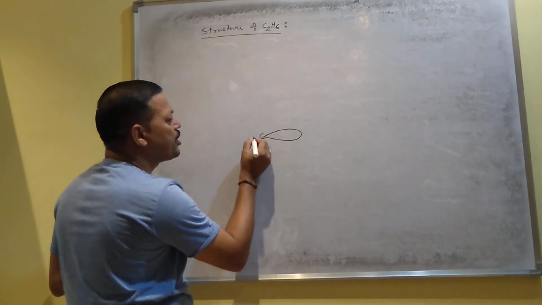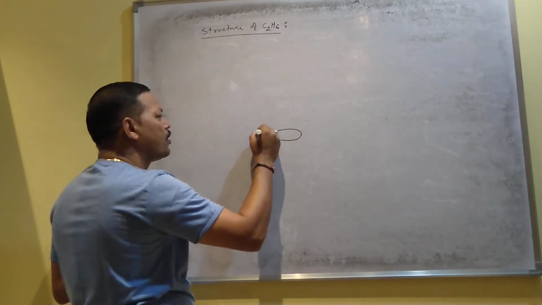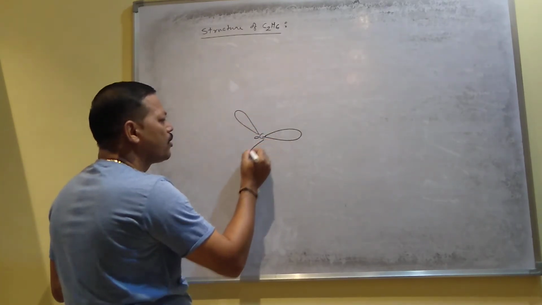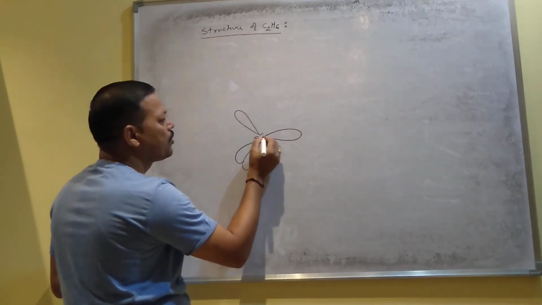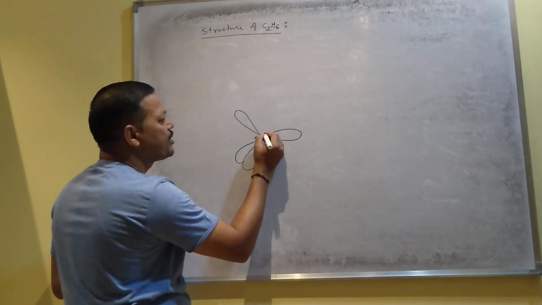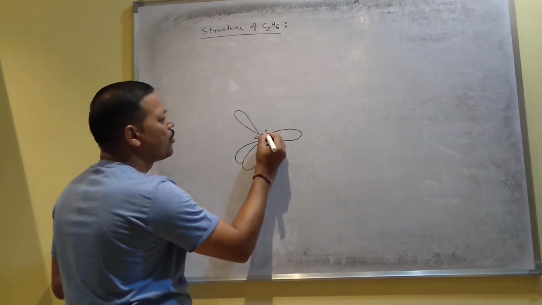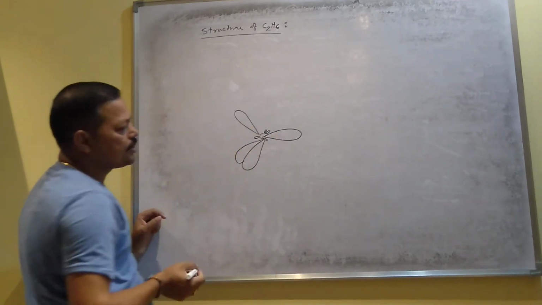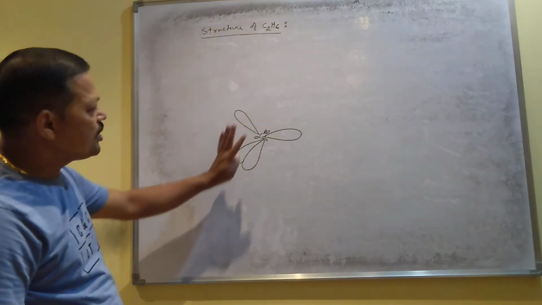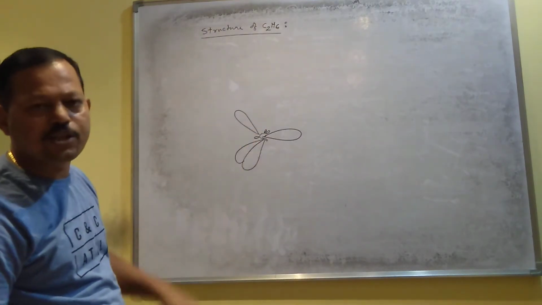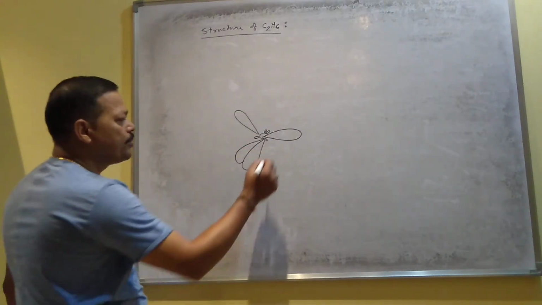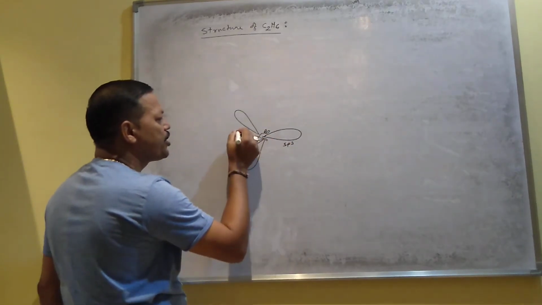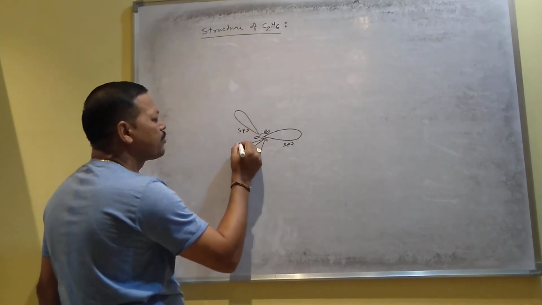This is one sp3. So you have to maintain the tetrahedral shape, and when you draw the tetrahedral shape like this, this is the tetrahedral shape. The bond angle should be 109.5 degrees, and this is for one carbon. These are 4 sp3 of one carbon.